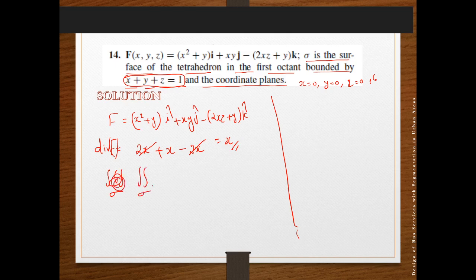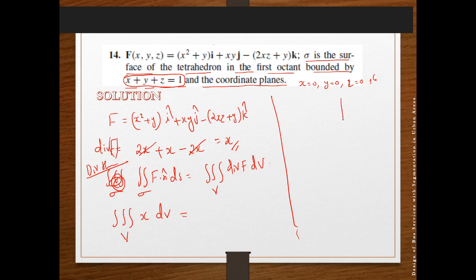Now we know that by the divergence theorem, the surface integral of F dot n dS is equal to the triple integral over V of div F dV. So now we will find this triple integral over V, where the divergence of F is x, dV. Next we have to find the limits of integration.